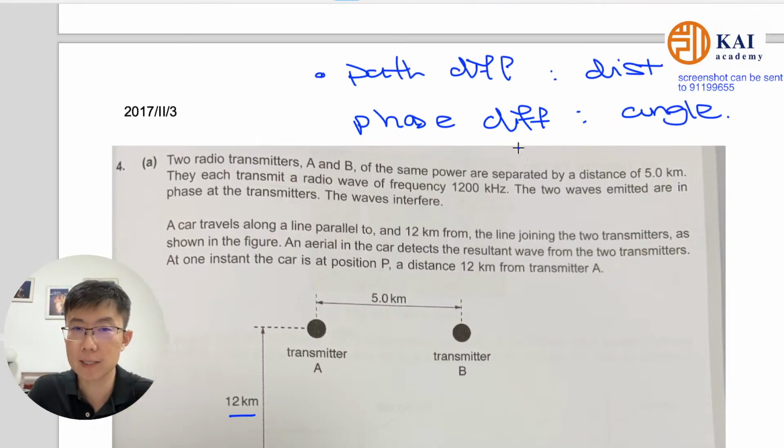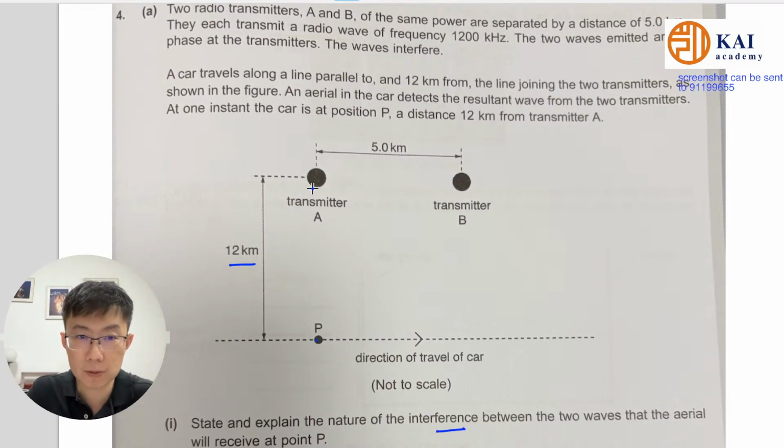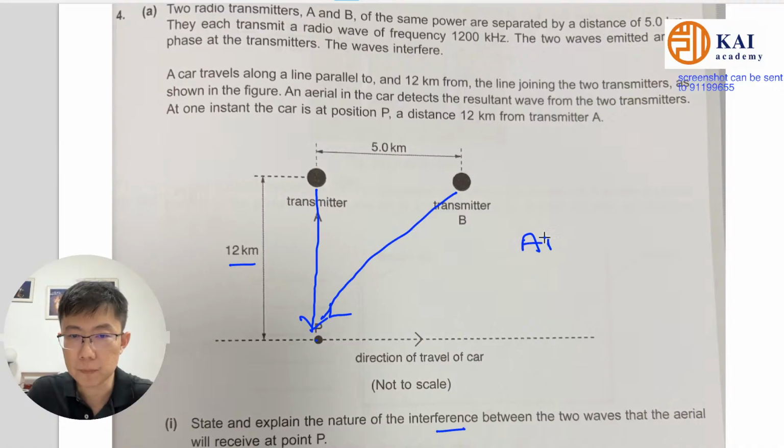Now let's look at path difference. It's a distance, so I want to see how much distance the wave travels from A to P and how much from B to P. I'm going to call the first distance AP and the second distance BP. You find the difference between these two, and then take the modulus.